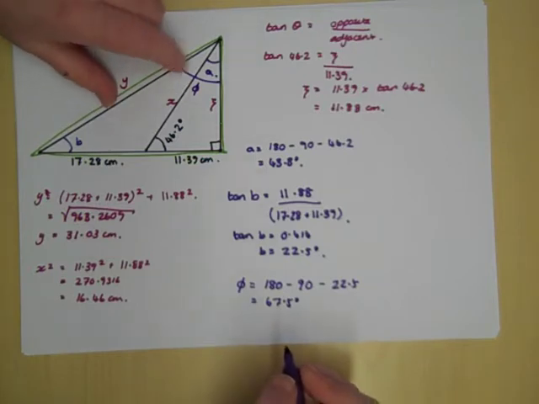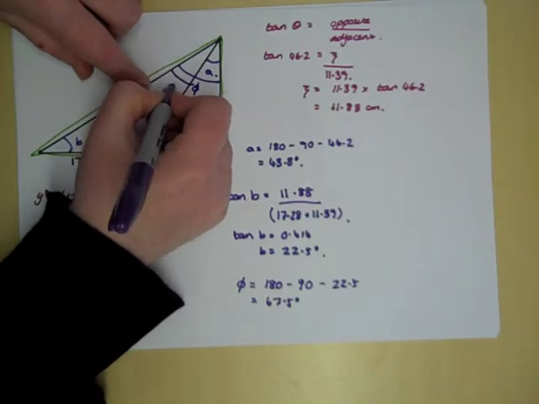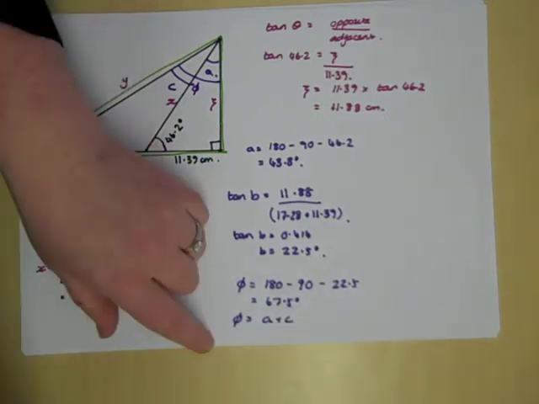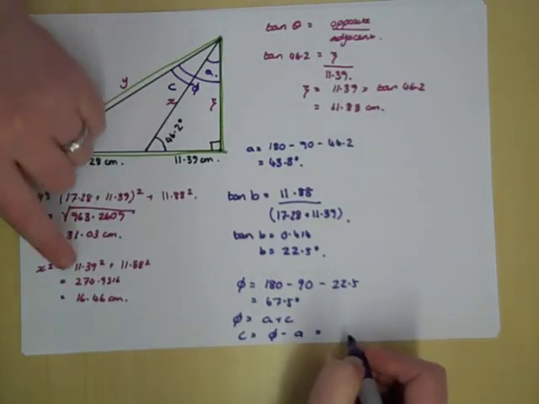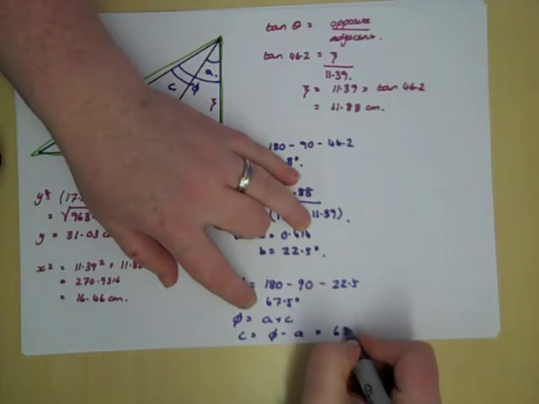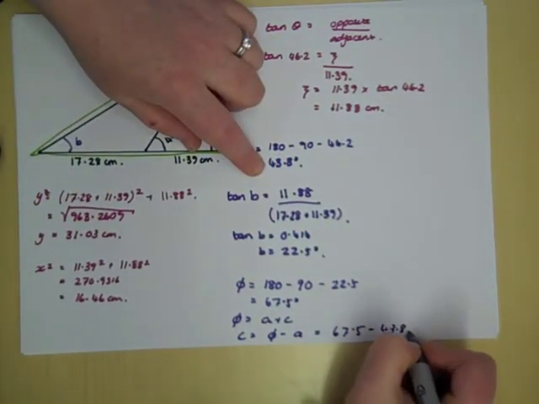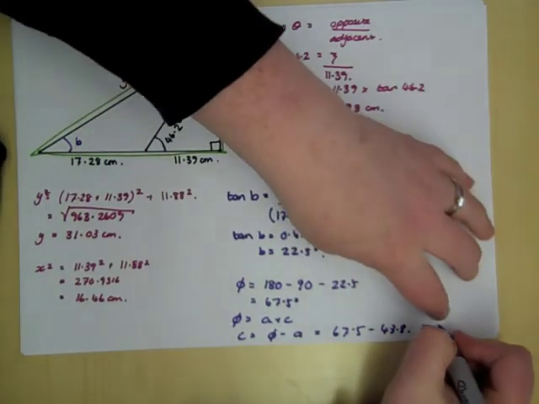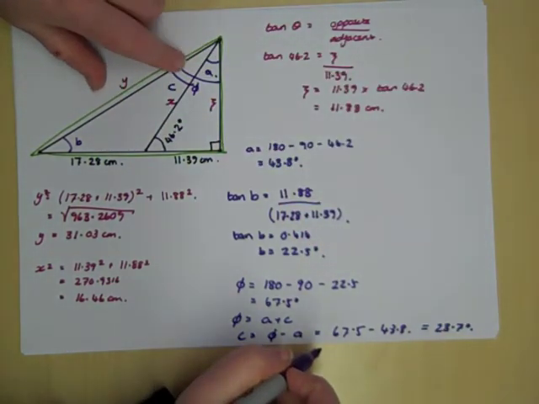And because this is split up, I know what A is. This is 43.8. So if I call this one here C, so basically phi is equal to A plus C, or C is equal to phi minus A, which is 67.5 minus 43.8, and that means C is equal to 23.7 degrees. So that's that.